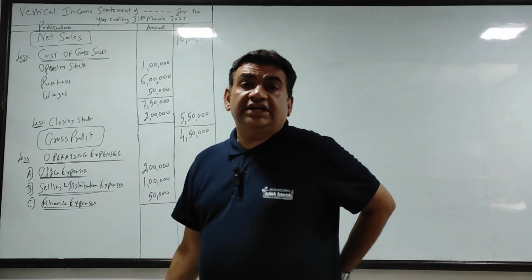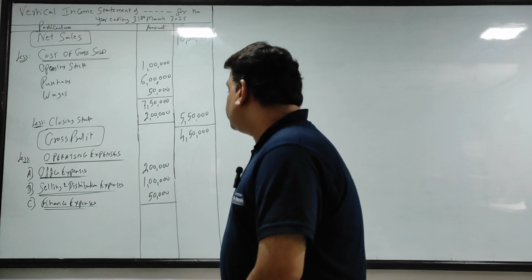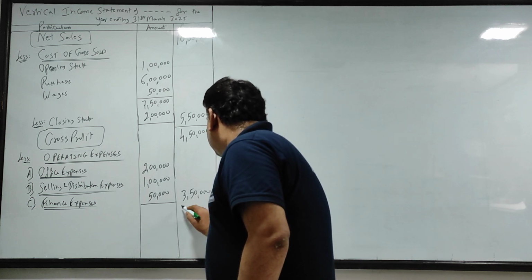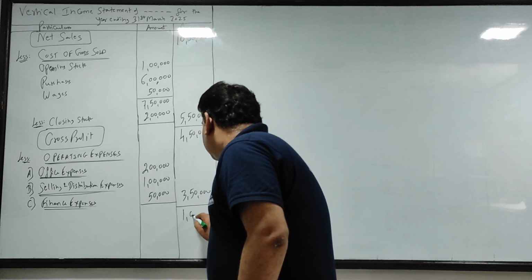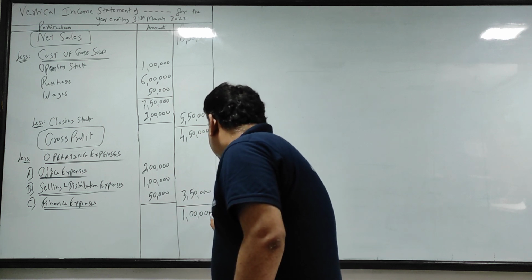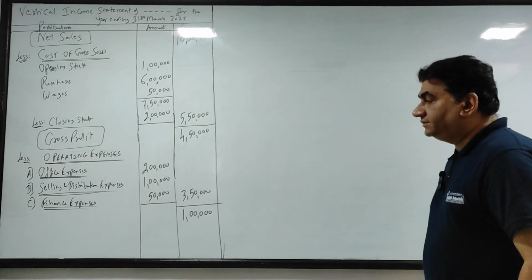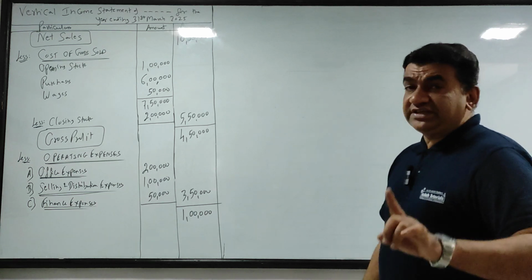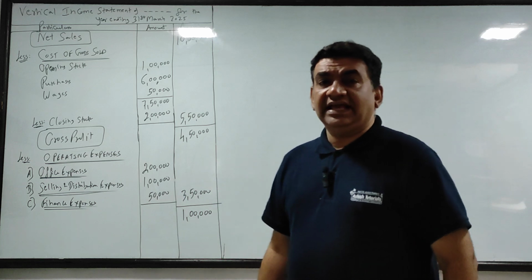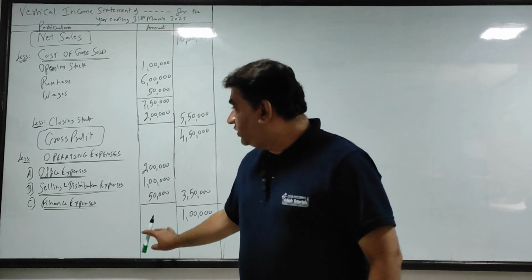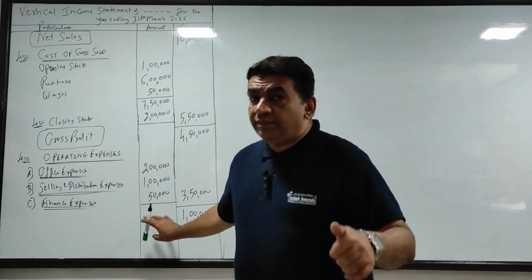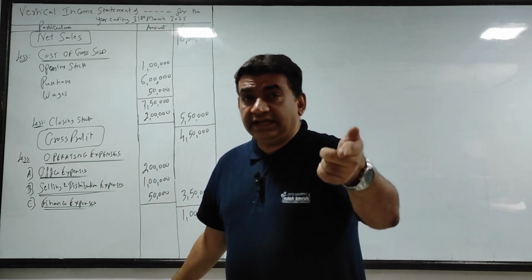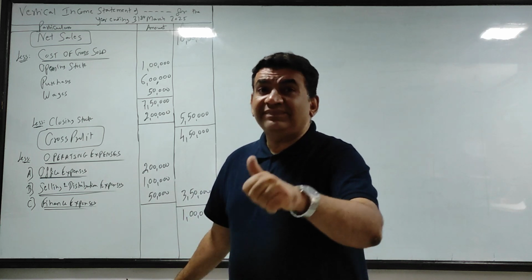Even if you write administrative expense, fine. 2 plus 1, 3, 3 lakh 50, 450 minus 350, you get 1 lakh. Got it guys? Now listen. If you see question का net profit भी 1 lakh है, ये भी 1 lakh है. Now what I explained in the format, this is operating profit, correct? To that we add non-operating income, जो ये sum में नहीं है.